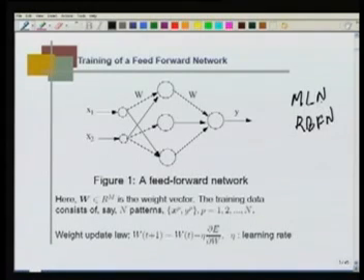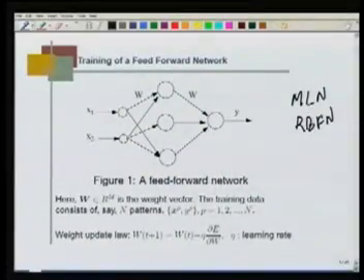And once you have this kind of structure, the goal is to identify this W, which is the weight vector. What we have done is that we have taken all these weights in the first layer, second layer, and as many layers as we have in the network, and then put them in a vector format, which is W. That means the total number of weights in this network is capital M.